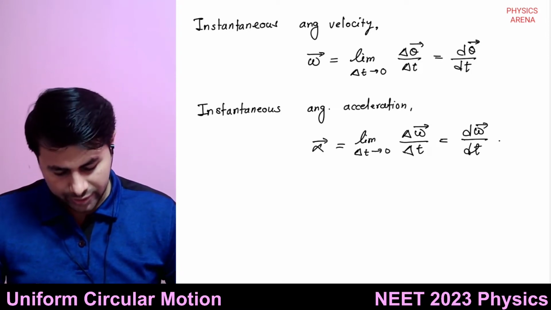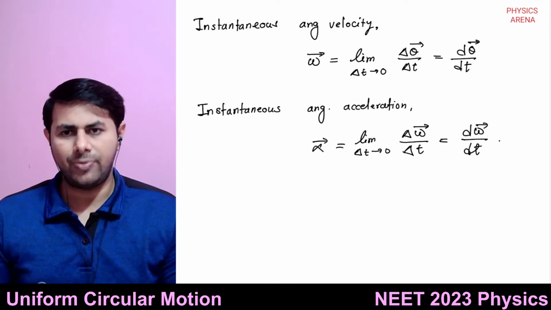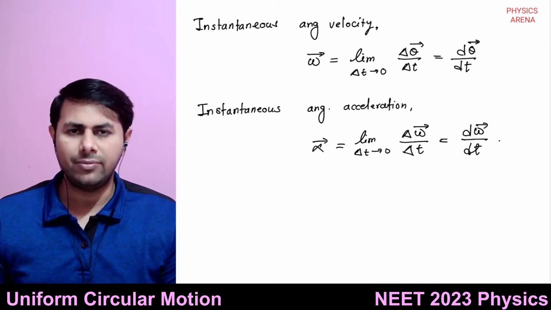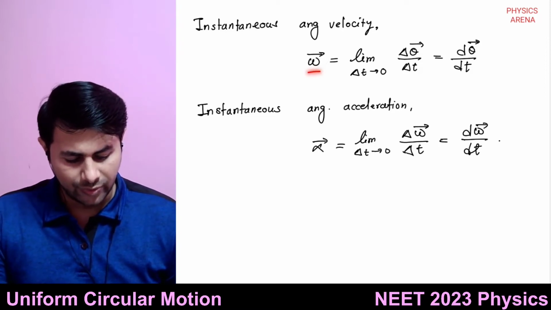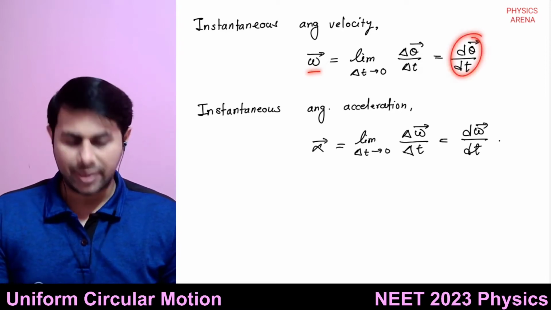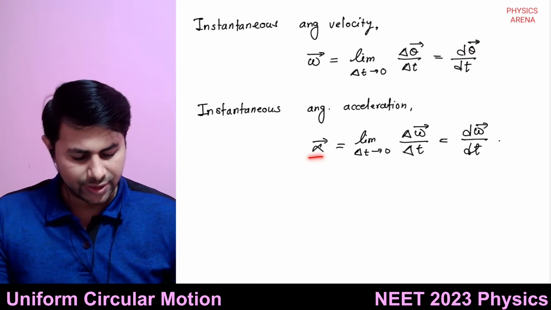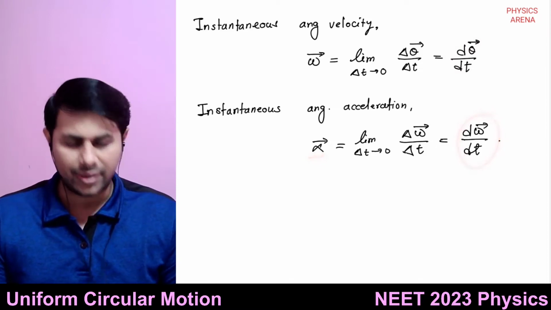So instantaneous quantities we find just like we found them in the case of linear motion. Instantaneous angular velocity is d theta bar by dt. Instantaneous angular acceleration is d omega bar by dt.